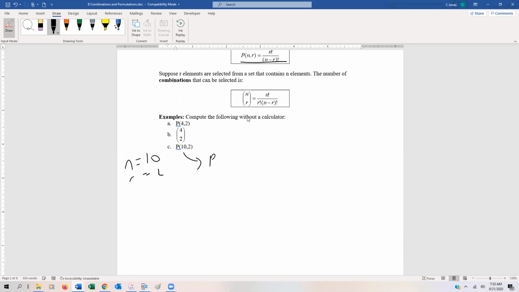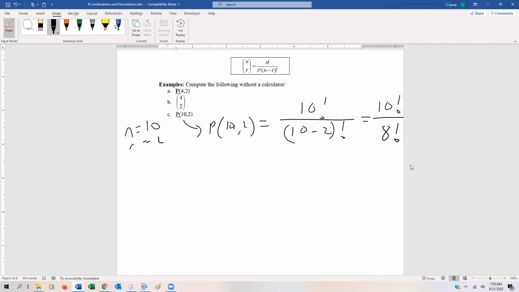And so that's going to be permutation 10, 2 is going to be equal to 10 factorial divided by 10 minus 2 factorial. Now we know we're not going to distribute the factorial. That's just going to become 10 fact over 8 fact. And now we can just use our definition of factorial and expand those.